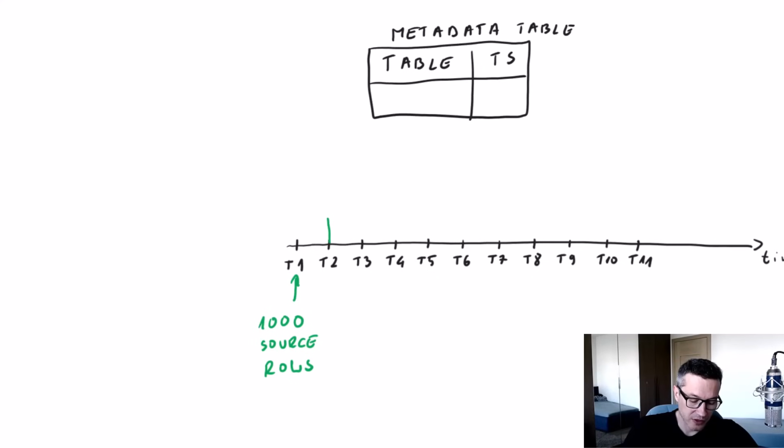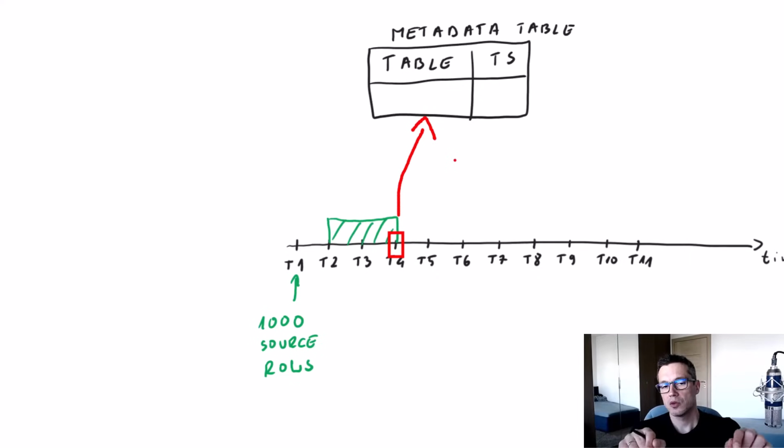Let's say that because it was the initial load, it took some time, but it succeeded. Everything went fine, and we are here at T4 when the processing completed. What happens at this moment, as the processing ends successfully, is that we have to go to our metadata table and add or update information there to store the timestamp of the successful start time of the processing.